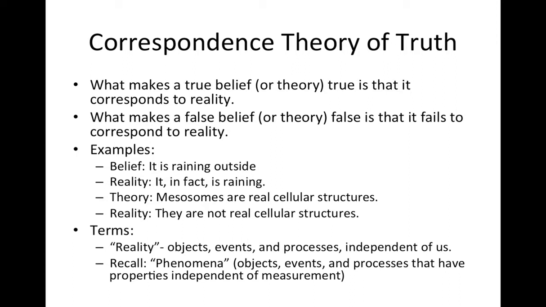So here we're really talking about the same thing. The world that is independent of us, the world that is objective. So the big picture is we have to have some sort of matching between our beliefs and theories and the world. And if there's a mismatch, then there's a failure in correspondence. And that's what makes a false belief false or a false theory false.